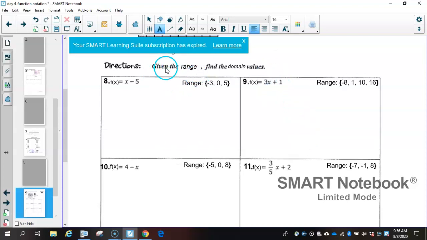Notice now that this says, given the range, find the domain values. Kind of the same thing that we've been doing. We're given some y values and we need to find the x's. So same thing, we're going to go ahead and put this into our calculator.